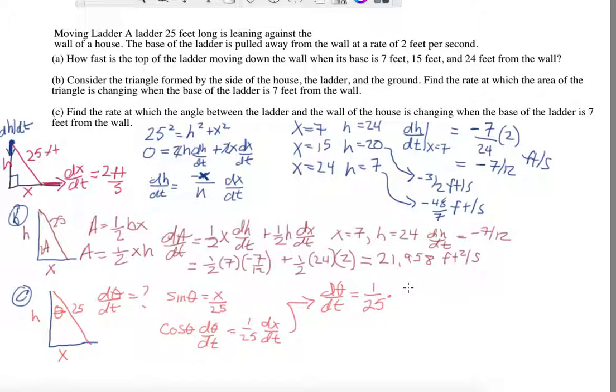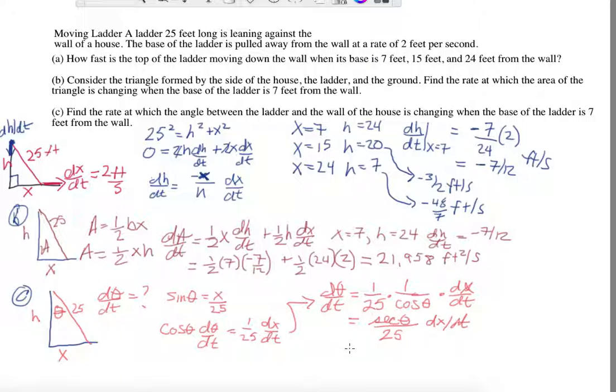I'm going to bring over the cosine theta, so 1 over cosine theta times dx dt. And so 1 over cosine theta is secant theta over 25 dx dt.